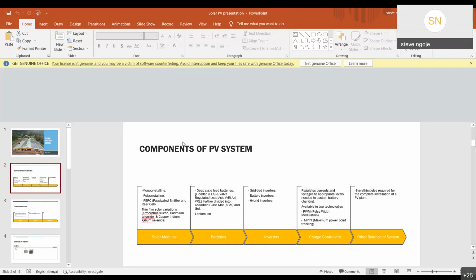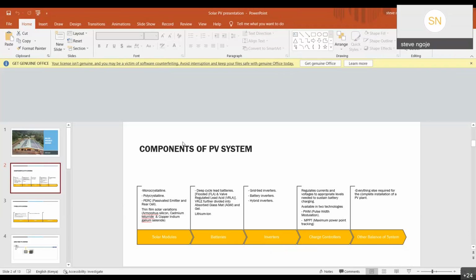If any of us has ever had the opportunity to work with an inverter, for example, Victrons, they have this range of inverters. There are also other battery inverters that only discharge, they can't charge.